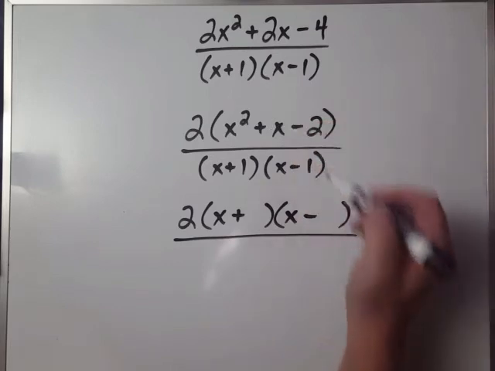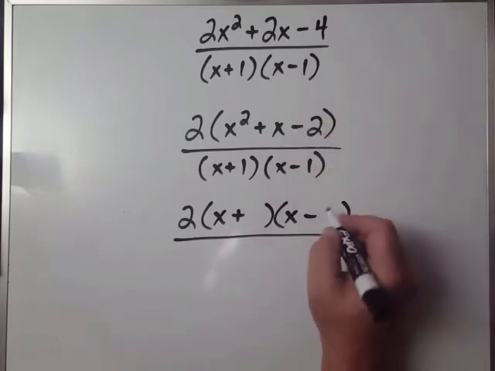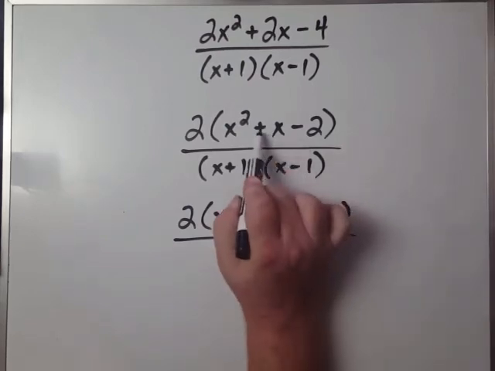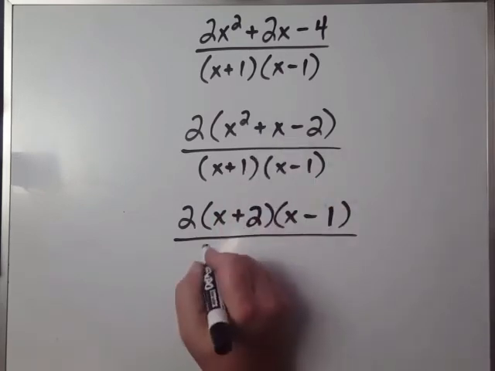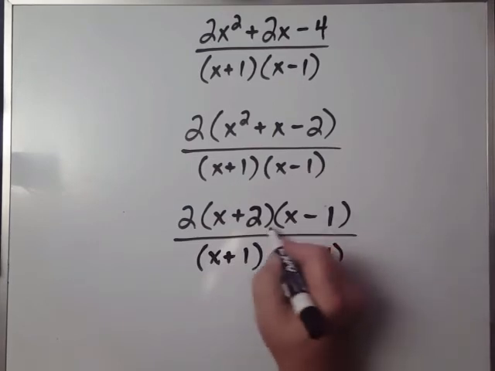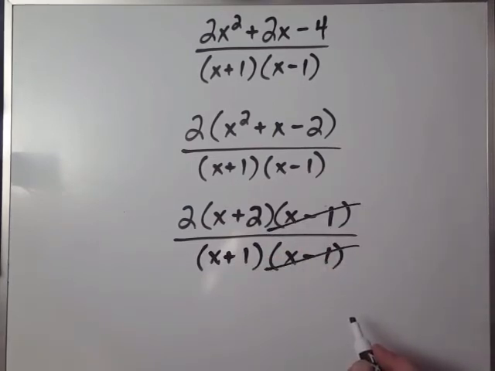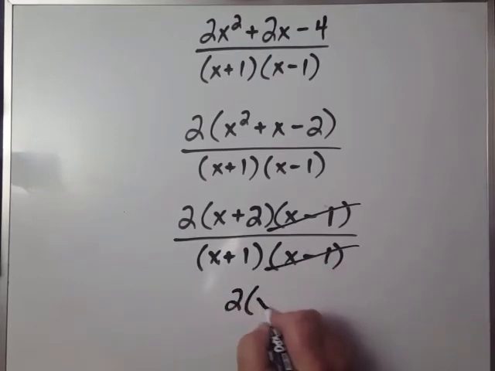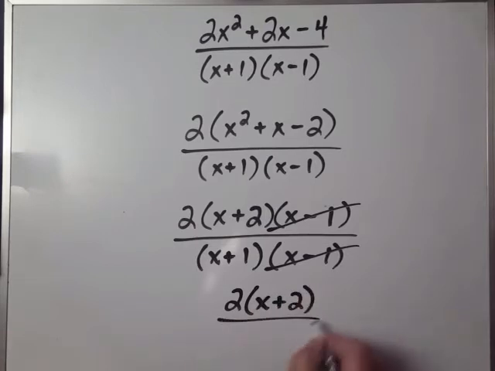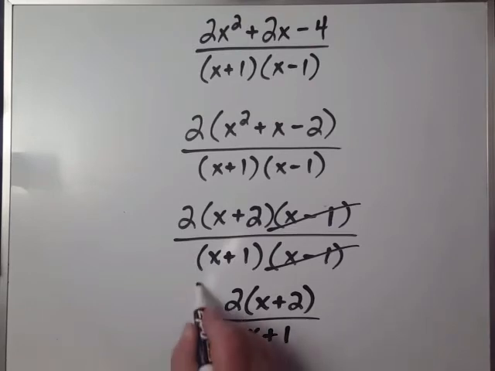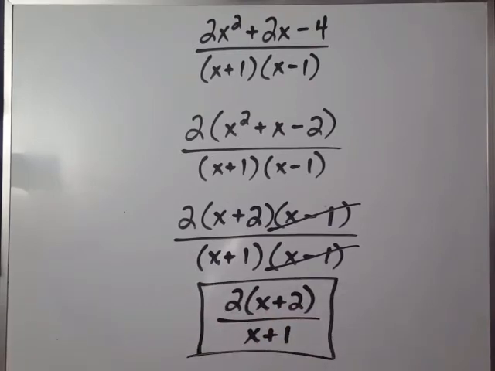Product of -2, sum of 1, it's got to be -1 and +2. The larger had to be positive, right? And it's a good thing we checked, because it was not in lowest terms. I have a common factor that I'll strike out, and canceling that will leave me 2 times the quantity x plus 2, over x plus 1, which no longer needs its parentheses because it's the only factor in that denominator.